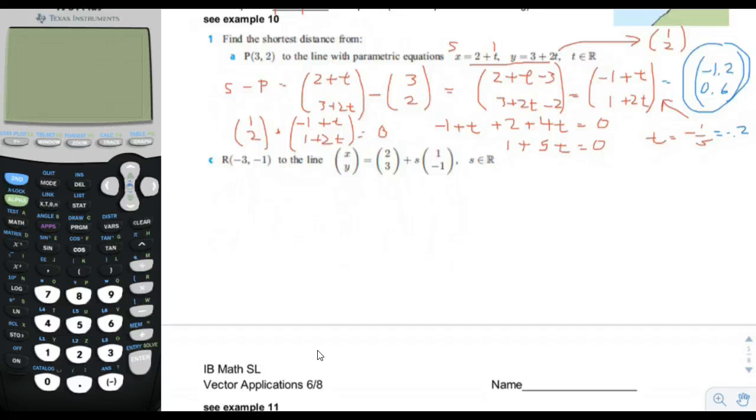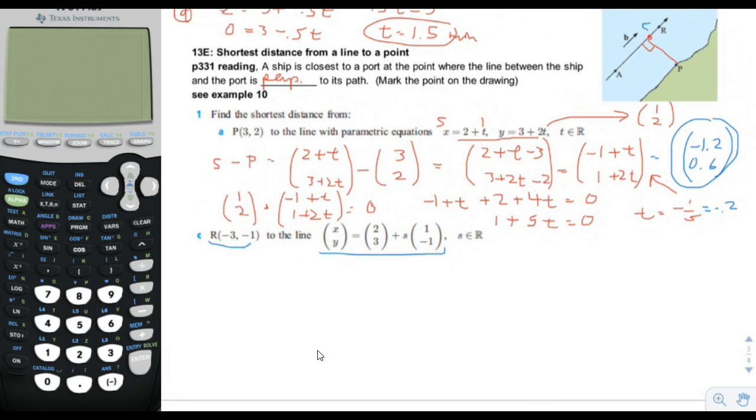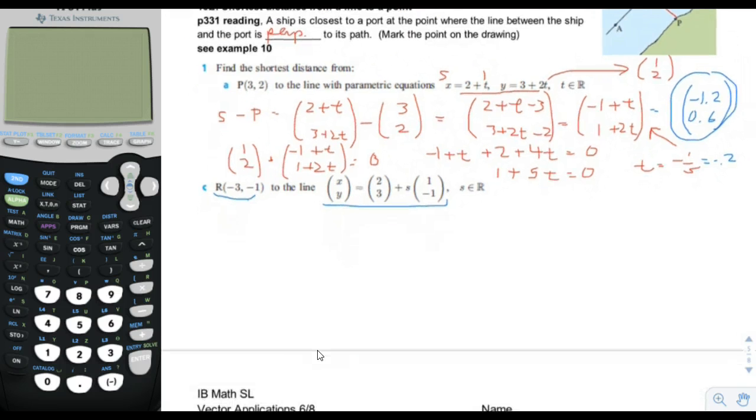Okay, and the last one. We're going to do the same thing here. Now we have a point and a line, and we want to know the shortest path from this point to the line. Again, we call the shortest point S, and S minus R is the vector we're trying to make as short as possible.